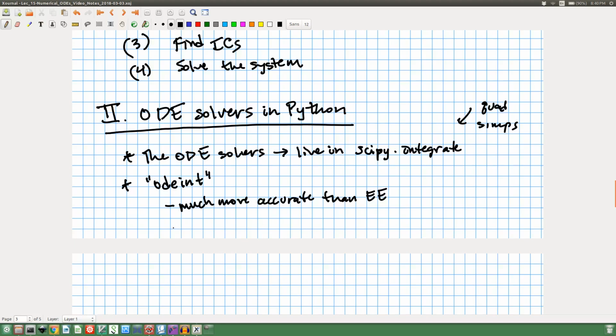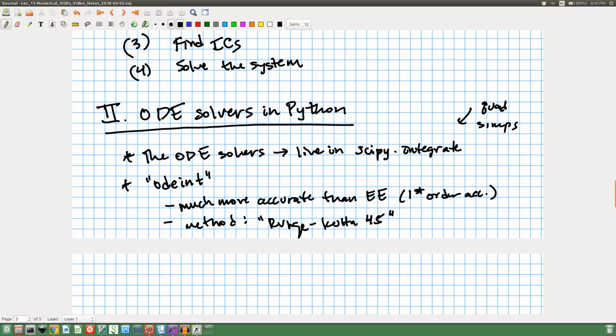The default method here, I don't expect you to remember this, is called a Runge-Kutta 4-5 method, the 4-5 being that it's fourth order accurate. It turns out explicit Euler is only first order accurate. I guess we haven't talked about that, and I don't expect you to remember it, but you may hear that at some point.